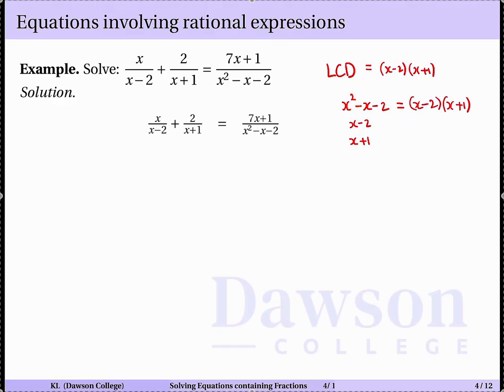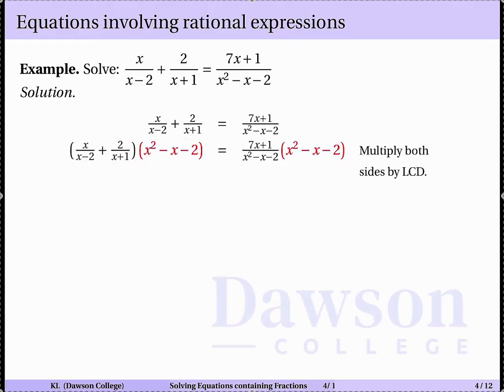So for this one, we then multiply both sides of the equation by this LCD. So if we do that, noting that the LCD, x minus 2 times x plus 1, is equal to x squared minus x minus 2, we are multiplying both sides by this expression.